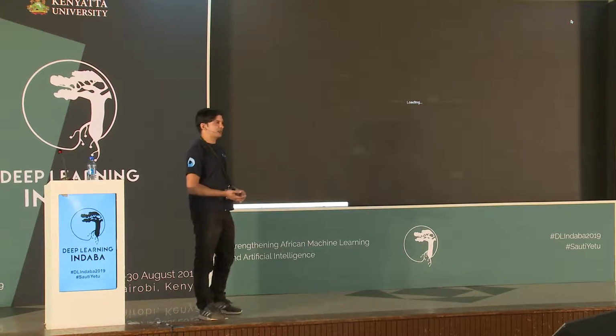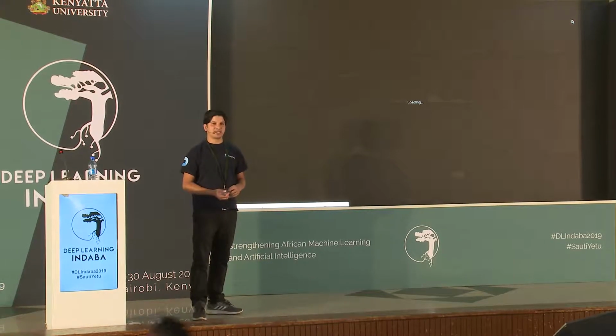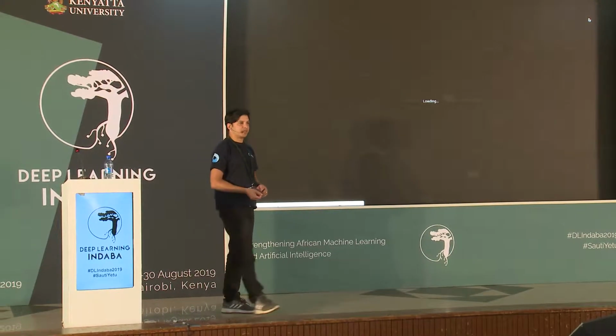And we'll use those limitations to motivate the introduction of recurrent neural networks, which are designed specifically for modeling sequences. With recurrent neural networks, we'll look at how to train them using an algorithm called backpropagation through time.